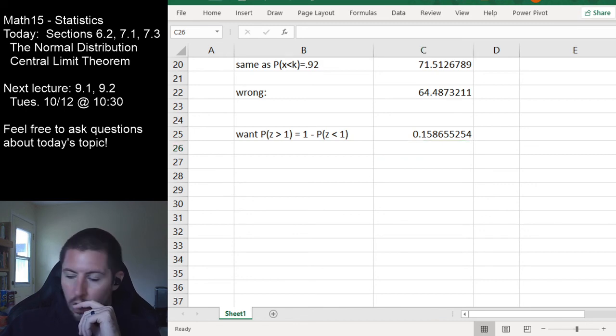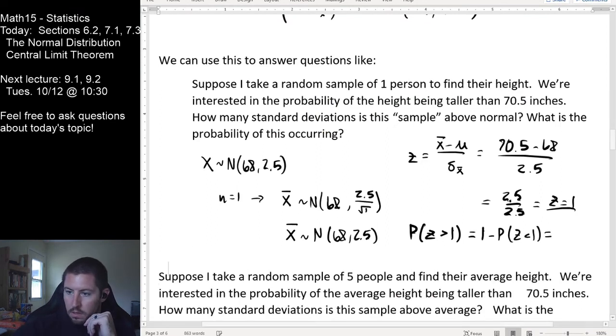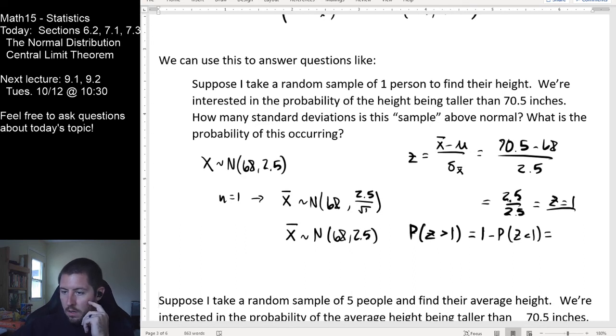So let's go back over to Word. 0.1587. Over here we're getting 0.1587, and so this is a 15.87% chance that we will be taller than 70.5 inches, right?